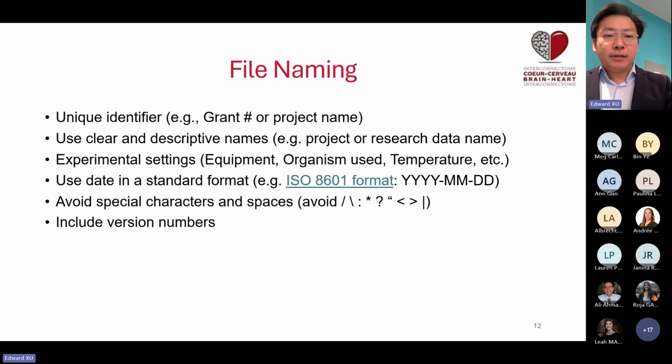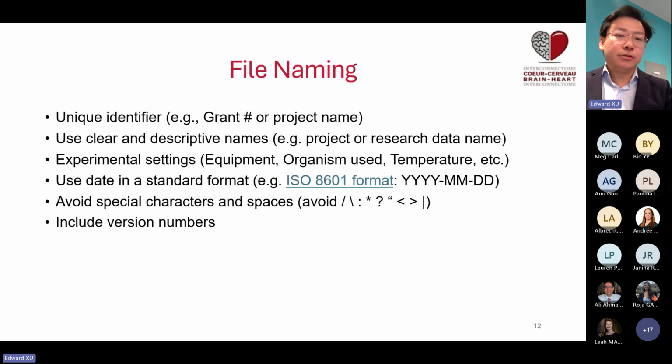And generally, how should you name your file? Consistent and clear file naming is so crucial to make sure your files are easily identifiable, accessible, and reusable, especially when you're collaborating with others. It is very important to include a unique identifier in the name of the files, for example, the grant number or the project name. And you also want to use clear and descriptive names for the project or the research data.